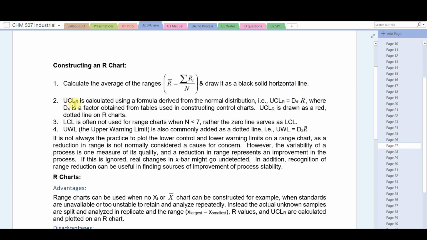The upper control limit on the range is calculated as R bar plus 3 sigma, or using a formula derived from the normal distribution. The formula is D4 times R bar. You know what R bar is. And D4 is a factor obtained from tables that are used in constructing control charts. And the upper control limit on the range is drawn as a red dashed line on the R charts. Take a look.